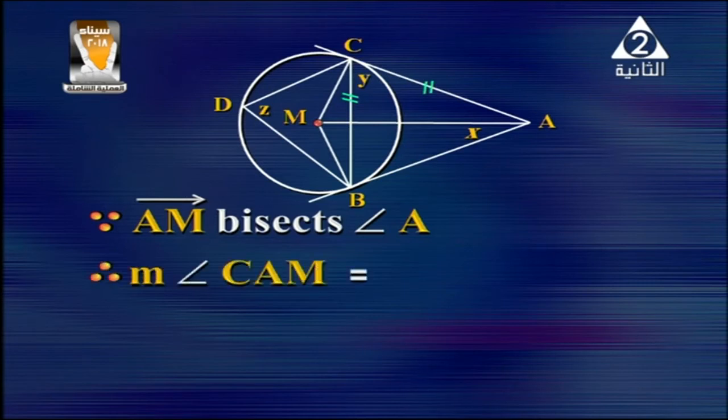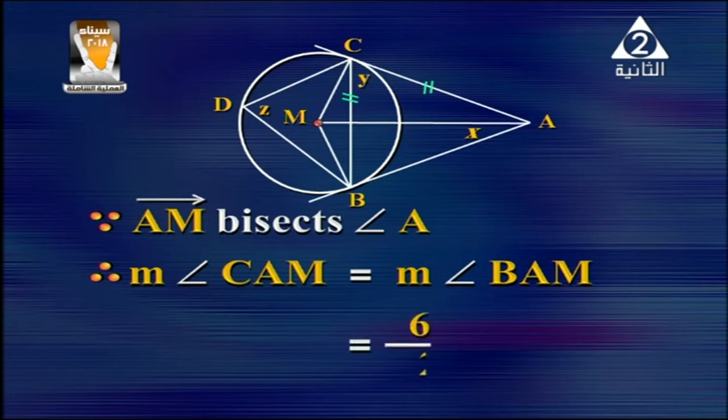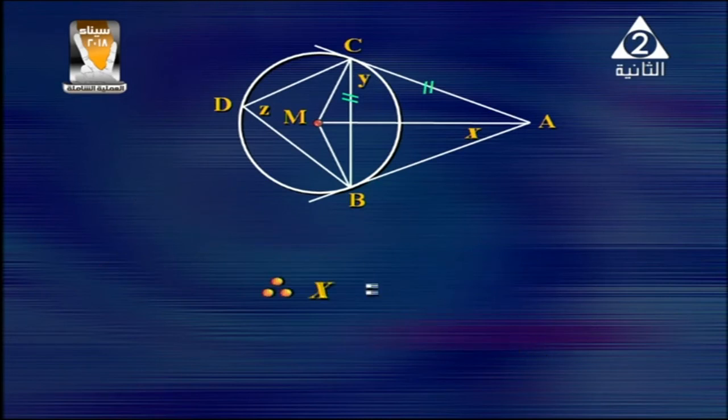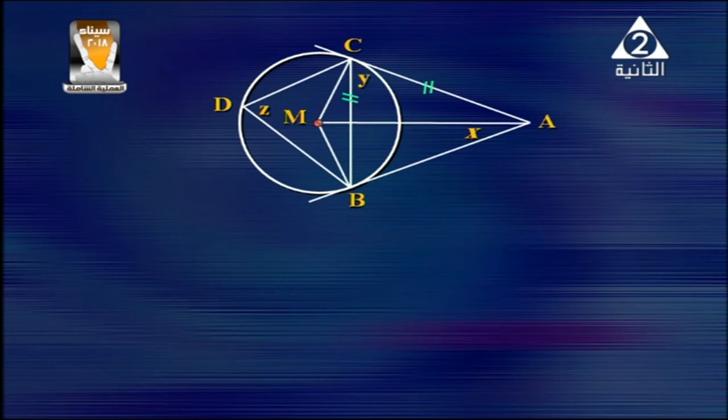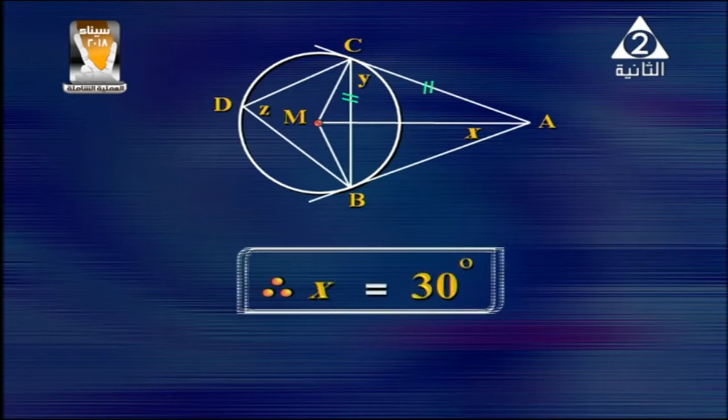In this case, we can say that measure angle CAM equals measure angle BAM equals what? Equals 60 divided by 2 to obtain a result as 30 degrees. And in this case, we can say that the value of x equals 30 degrees.